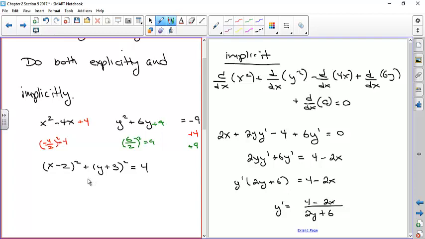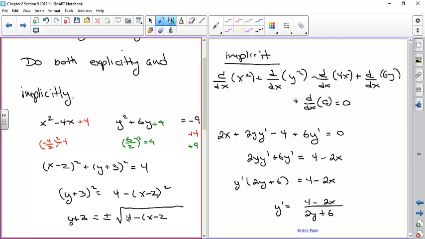I still haven't solved for it explicitly. To do that, I would put the y terms on the left-hand side. So I'd have 4 minus (x minus 2) squared. That goes over to the right-hand side, becomes negative. Then you take the square root. So you'd have y plus 3 equals plus or minus the square root of 4 minus (x minus 2) squared.